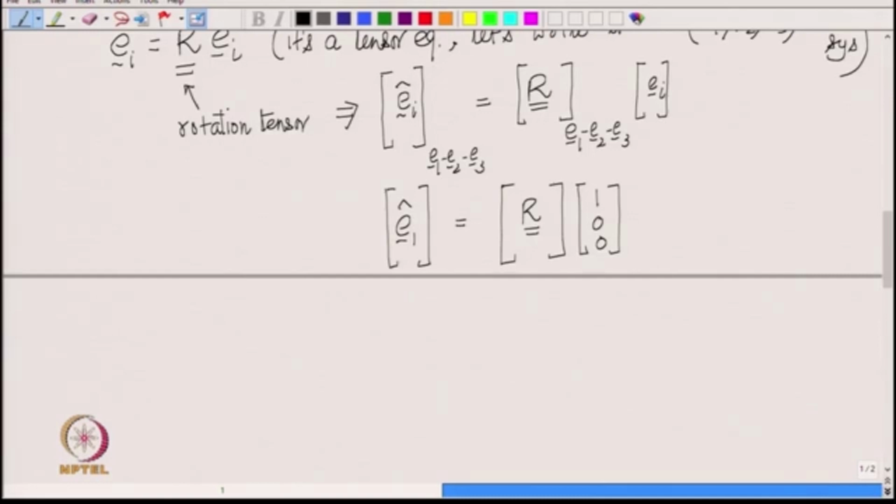What is this? When you multiply, you just get the first column of the rotation matrix. So, what you get is R 1 1, R 2 1 and R 3 1. So, that is the first column.